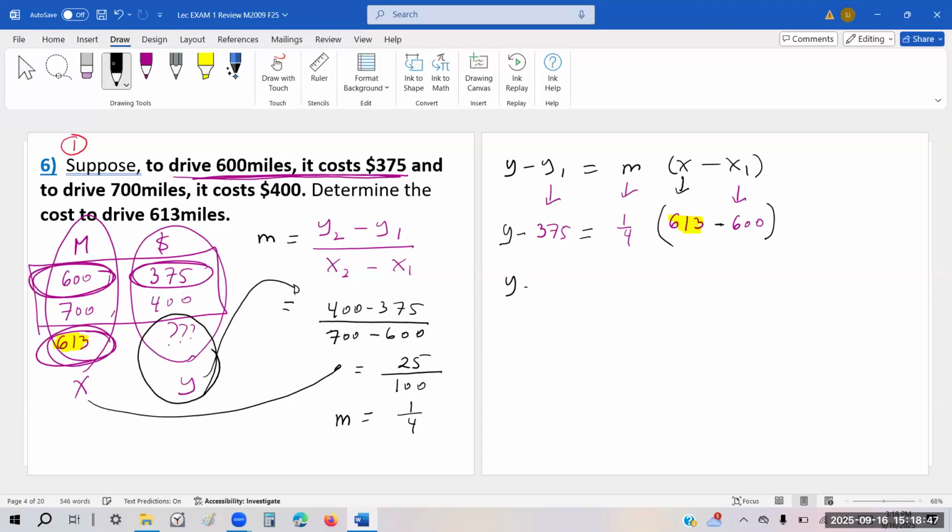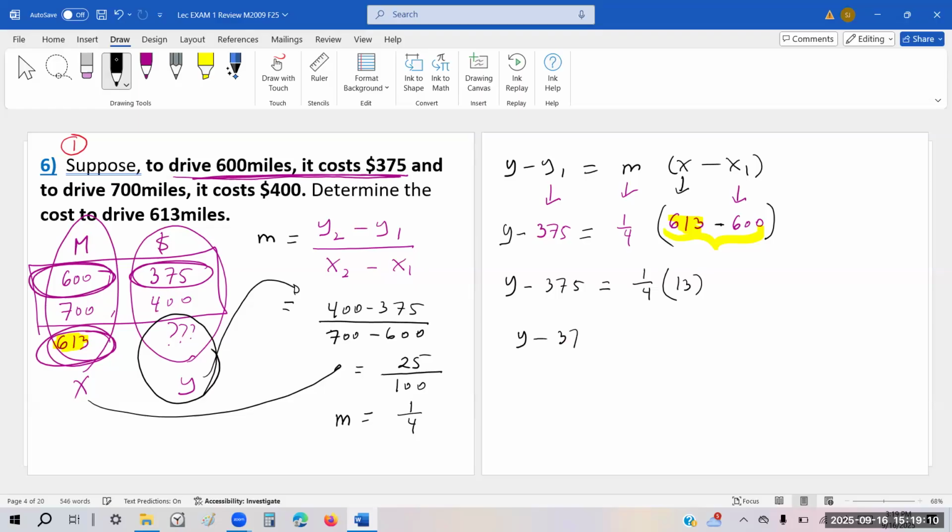So we have Y minus 375. PEMDAS says do what first? What is P? Parentheses. So how much you get from the parentheses? 13. Then we have 1/4 of 13.